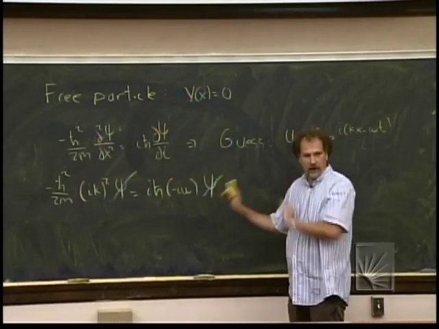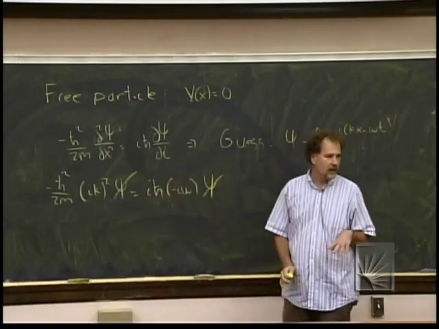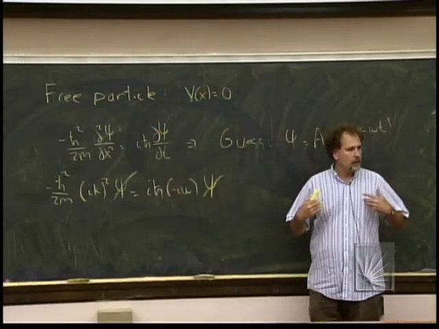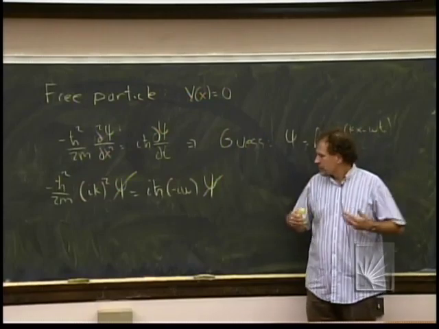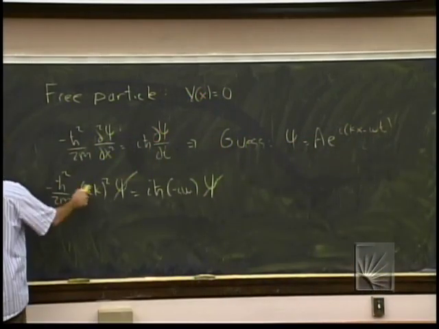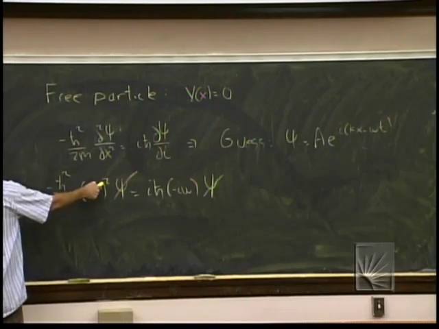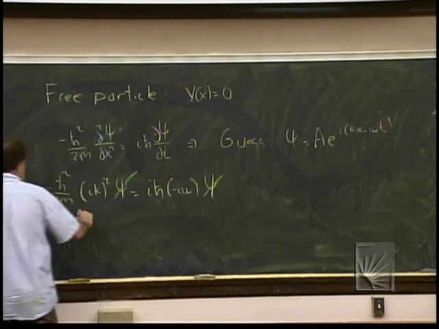I've got to be careful here. I'm doing this slowly, but you've got to be careful. You've got i's floating around, you've got minus signs floating around. You've got to keep yourself together and not get confused with these. So I have i squared is minus 1 times minus.